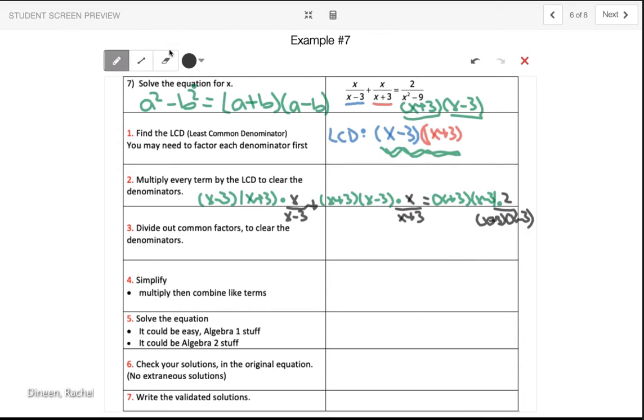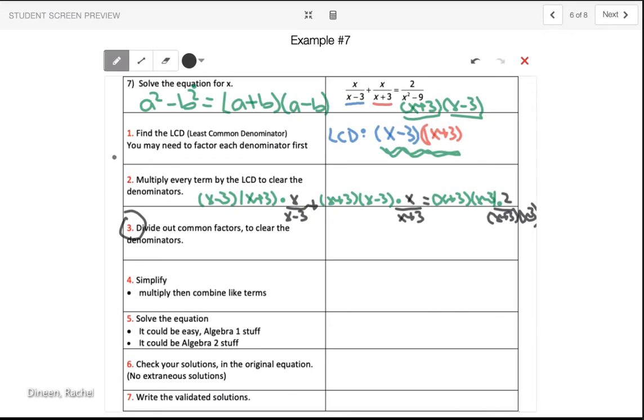Let me see if I can fix that a little bit. I don't think so. I don't know why it likes to merge everything together. All right, so I multiplied everything by the LCD.